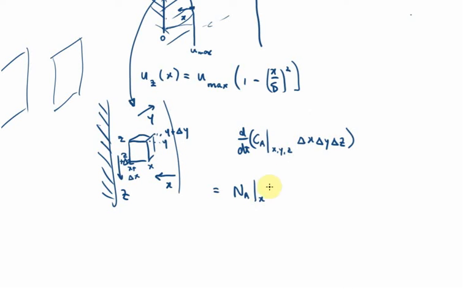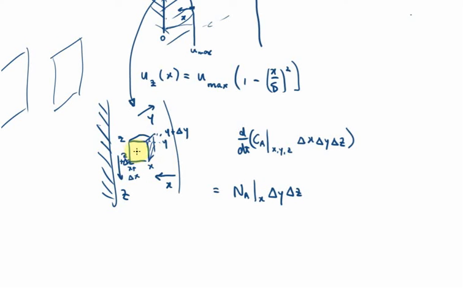This is molar flux, so we need to multiply by the area. And if you look at the area that's normal to the flux in the x direction, it's this area, and we can see that that area is going to be delta y multiplied by delta z. So that's N_A at x, delta y delta z.